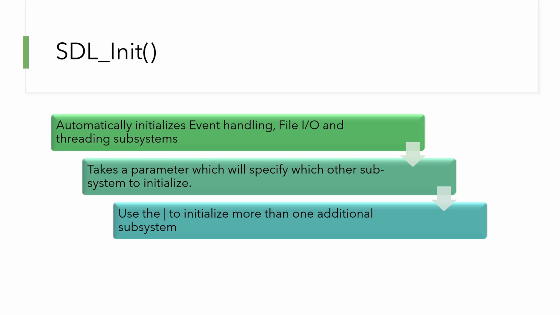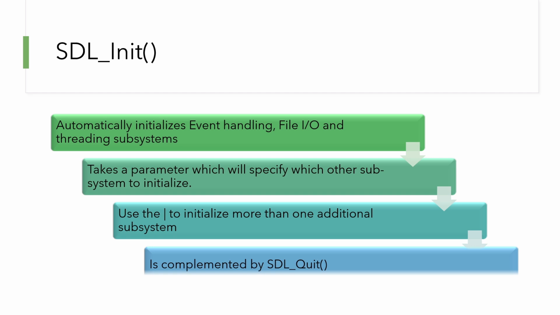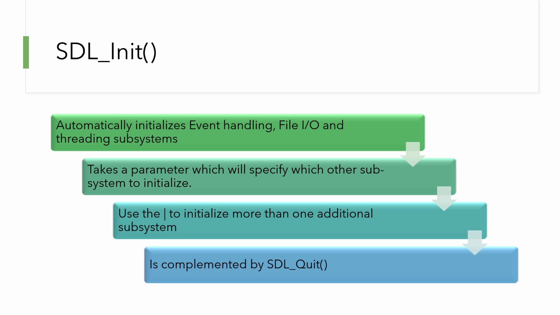SDL_Init has a complementary function, and that function is SDL_Quit. So whereas SDL_Init initializes or starts up subsystems of this library, SDL_Quit serves to shut them down, thus freeing resources for other applications to use, and we should call SDL_Quit before exiting our program.